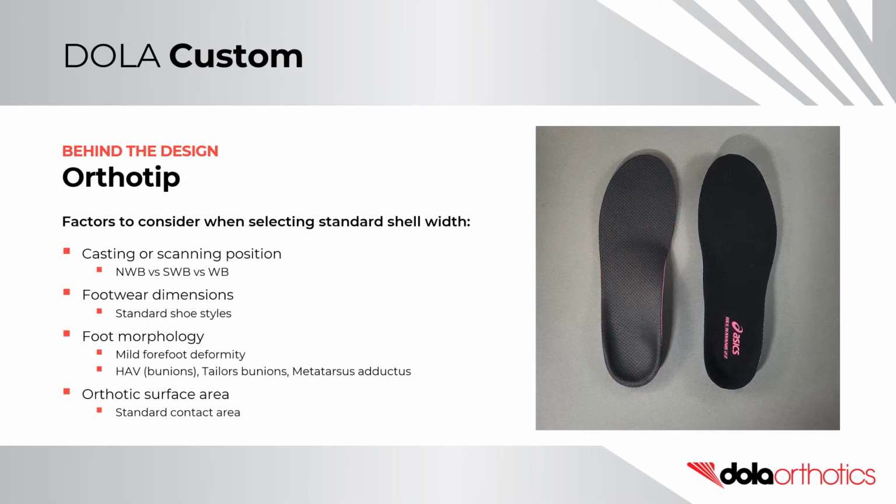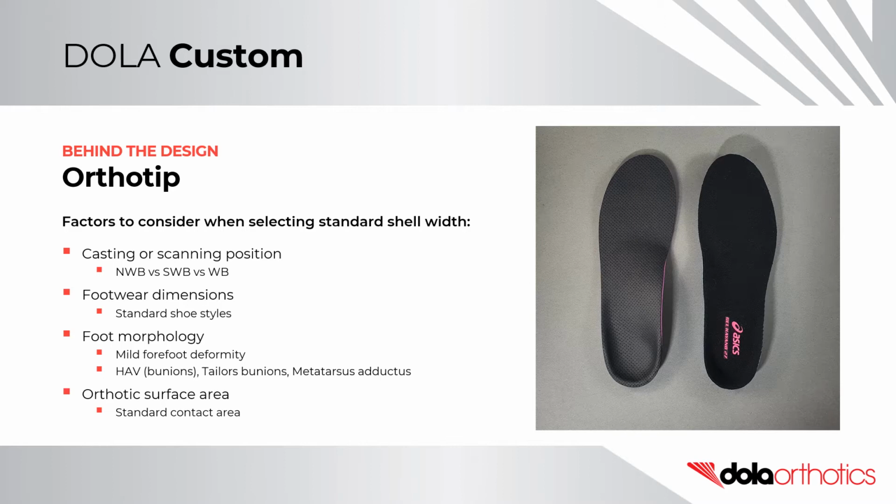Orthotip. Factors to consider when selecting a standard shell width include the casting or scanning position used, as this will influence the foot morphology captured. Footwear dimensions. This selection is suitable for most standard footwear styles. Foot morphology.